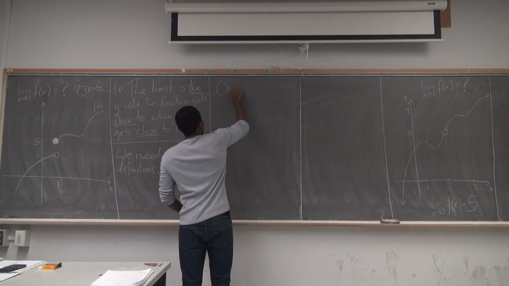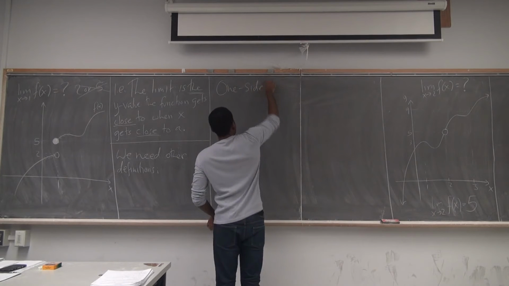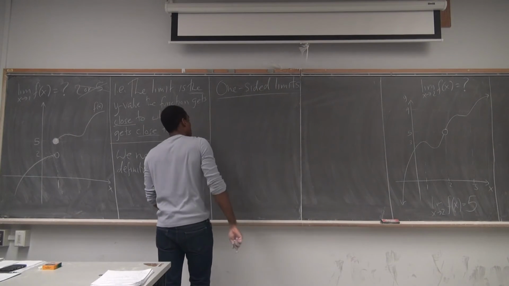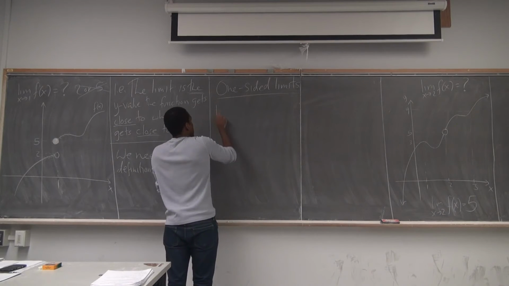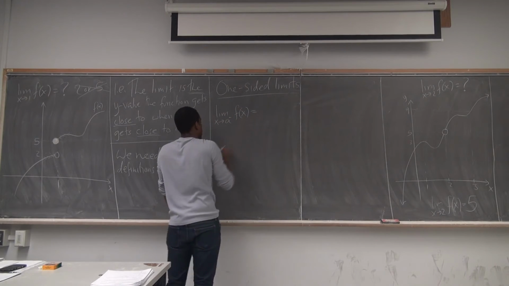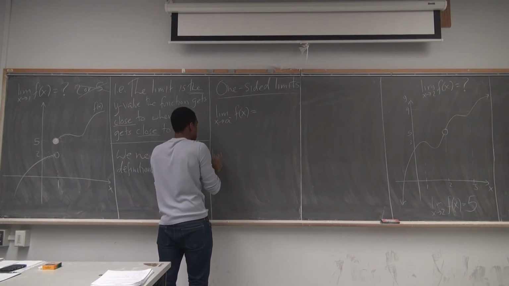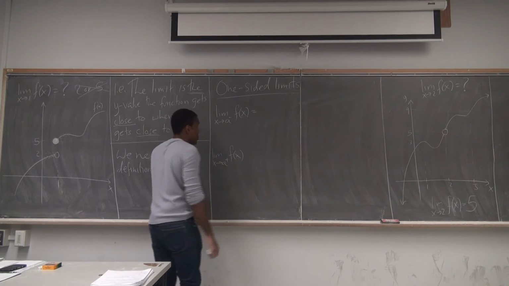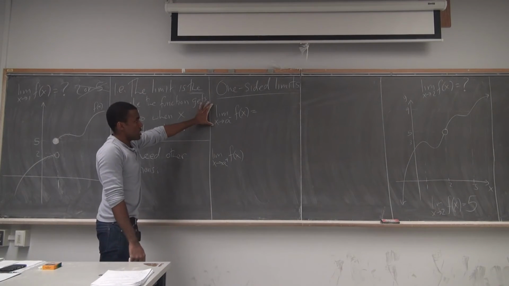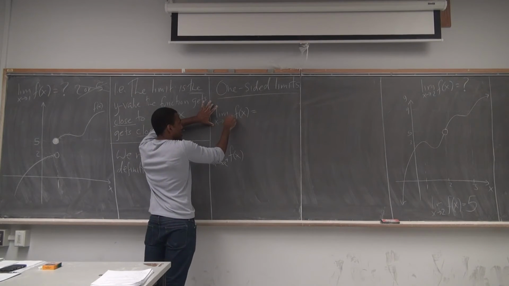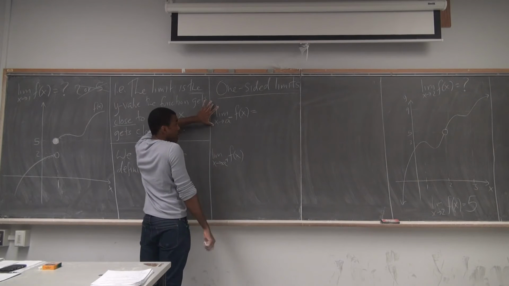This brings us to the idea of one-sided limits. And here's the notation. In this notation, I write limit as x approaches a, but in the power, I put a minus sign, right?